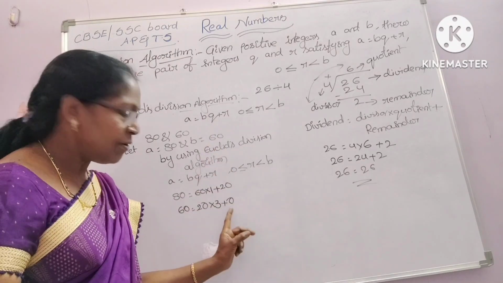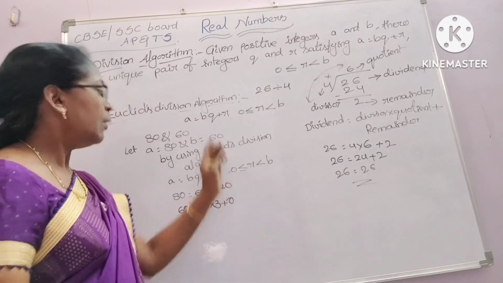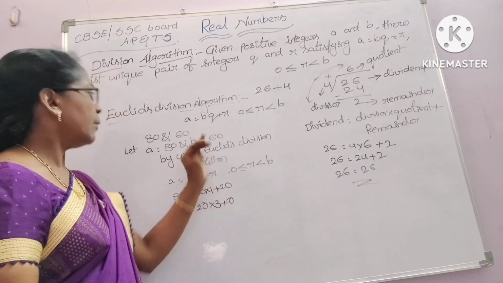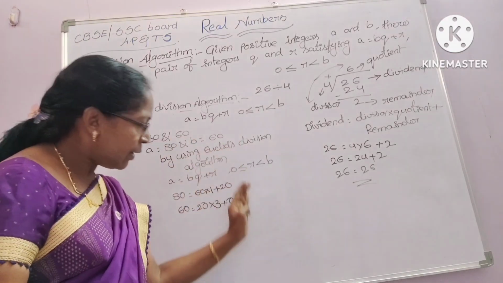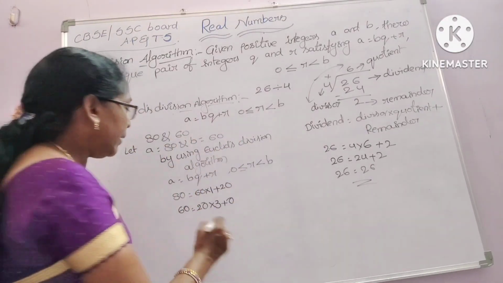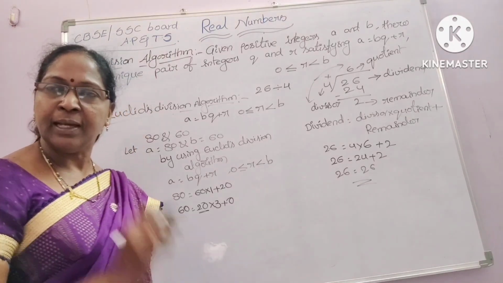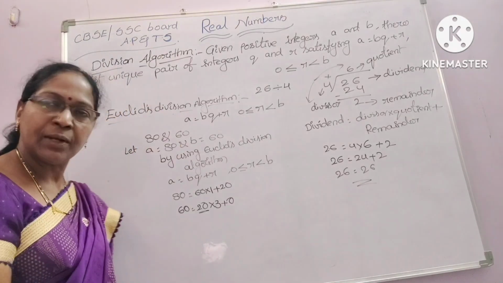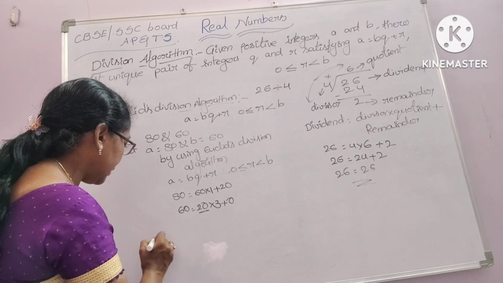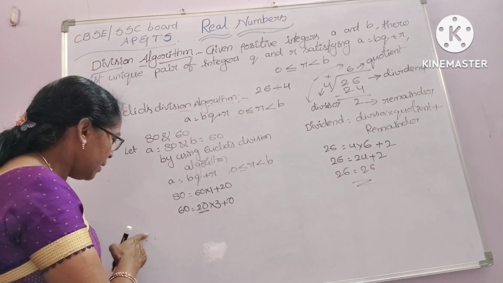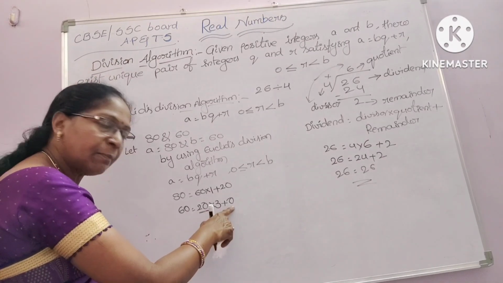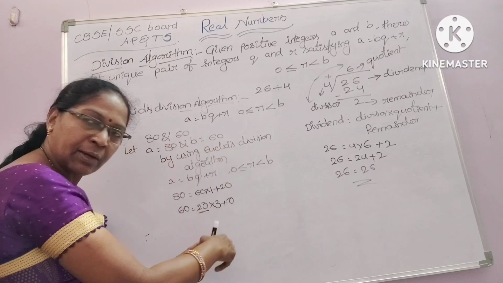Till you get the remainder 0, you have to use Euclid's division algorithm and solve the problem. Whatever the last divisor is, that last divisor is nothing but the HCF of the given positive numbers. So here, after getting the answer, until you get 0 at the place of remainder, you have to solve like this.